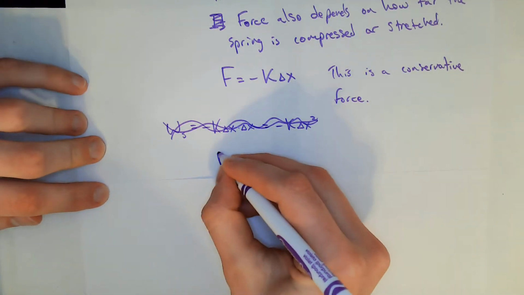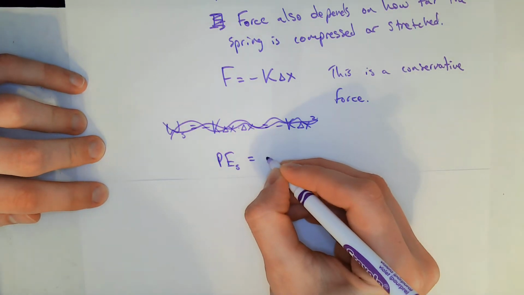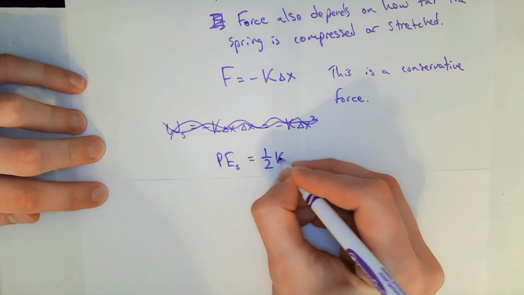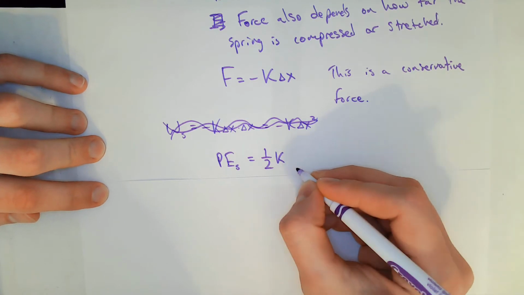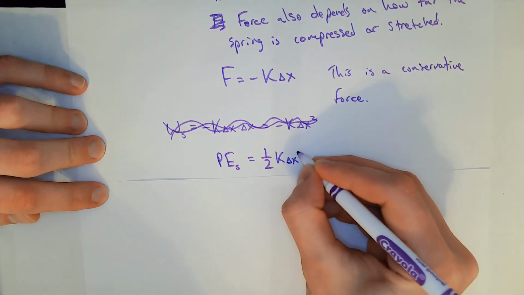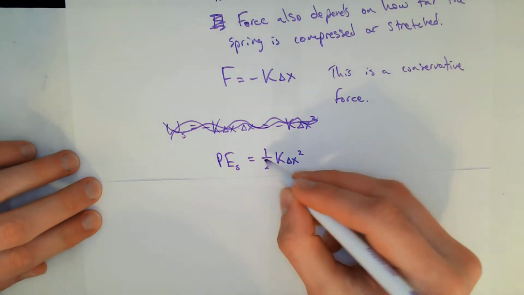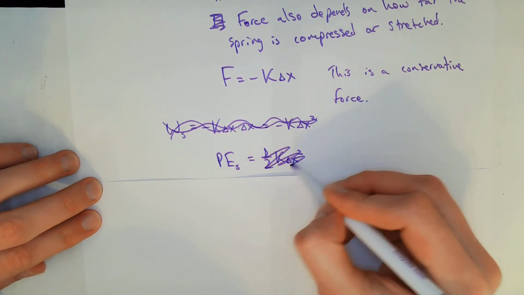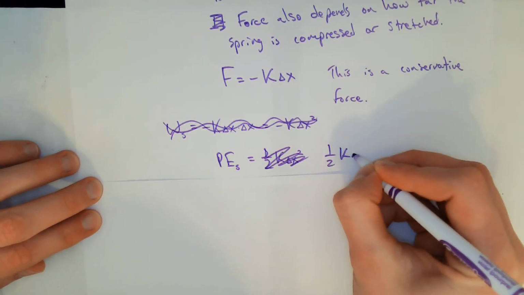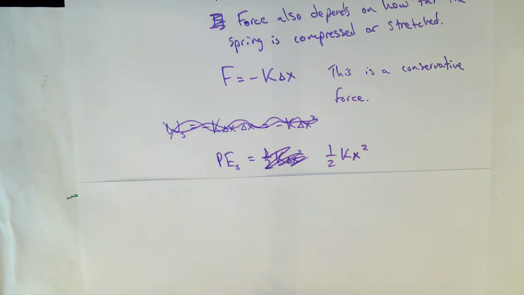The potential energy due to a spring is equal to 1/2 k x squared. Not delta x here, because this is just one potential energy.